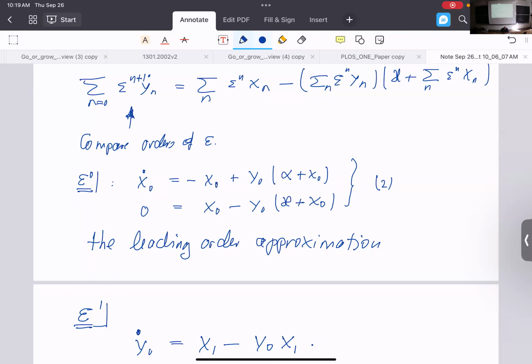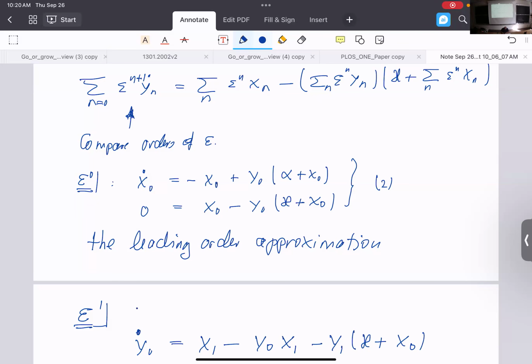Or we use in the first one the y1 term, and then we have to use the epsilon 0 term. So there's a product of two sums, and you could write out all the terms and then collect them by hand. I did this kind of in my mind, where I have the 0 order term times the first order term here, and then the first order term times the 0 order term there, and together this is always the first order term.